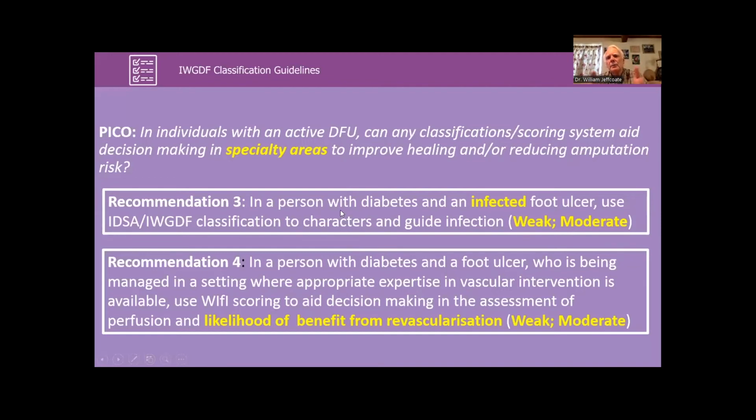And so it was actually only given relatively weak support because of the fact that it hadn't proved for a diabetic population, which is what the IWGDF is interested in, that it was actually specific for their purpose. I think that'll change. It's obviously all this work is being done again and will be updated and republished in 2023. And so I think that that will change and WIfI will come out with much stronger scoring.